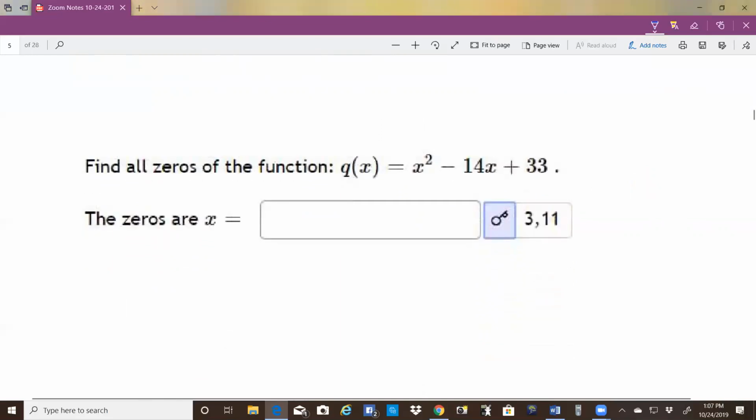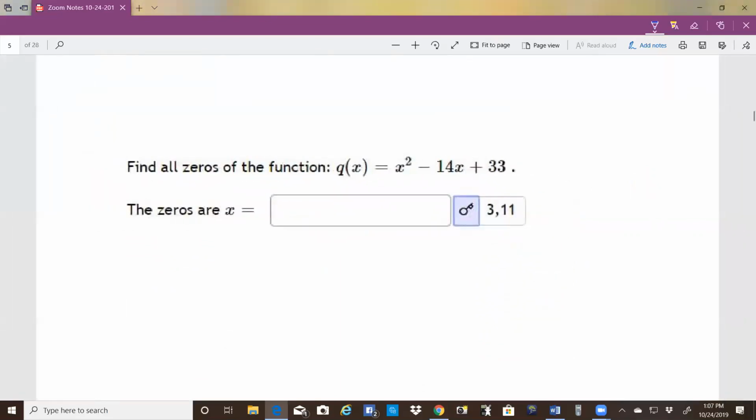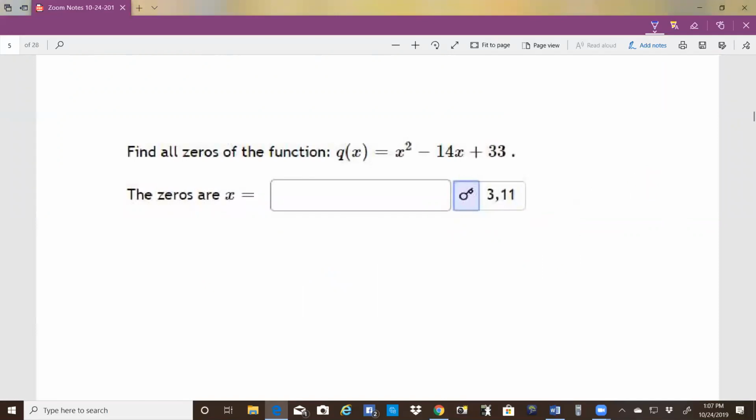And then finding the zeros of a quadratic, we haven't emphasized factoring, but you can factor this into (x minus 11)(x minus 3), and set it equal to 0, and you get x equals 11, x equals 3.